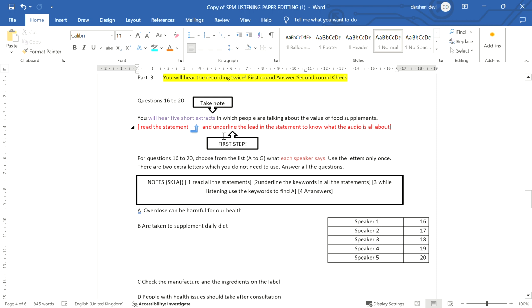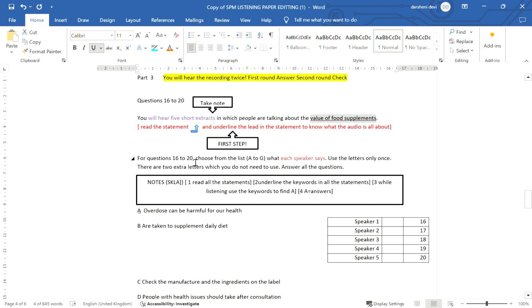And then we need to read the statement and underline the lead-in so that you know what the audio is all about. So people are talking about what? Value of food supplement. So the audio you're going to listen to is all going to be about the value of food supplements. This is the first step that you need to do. And then after that, you look at the question.